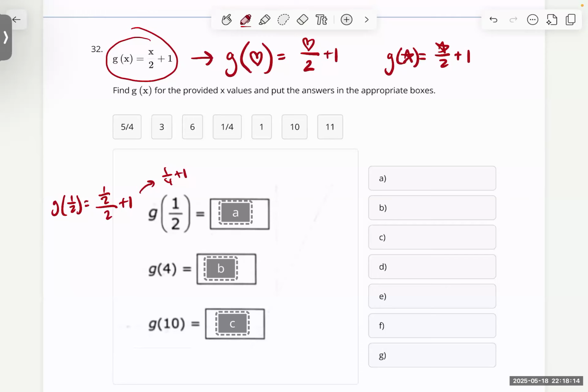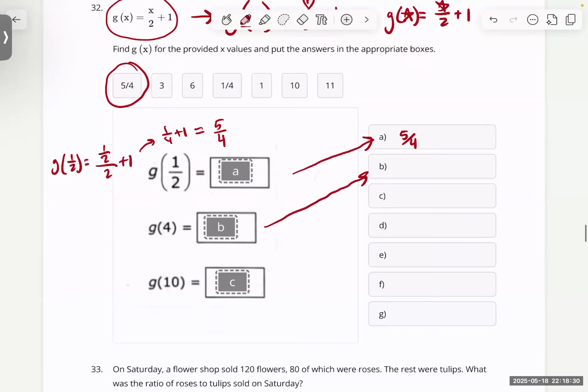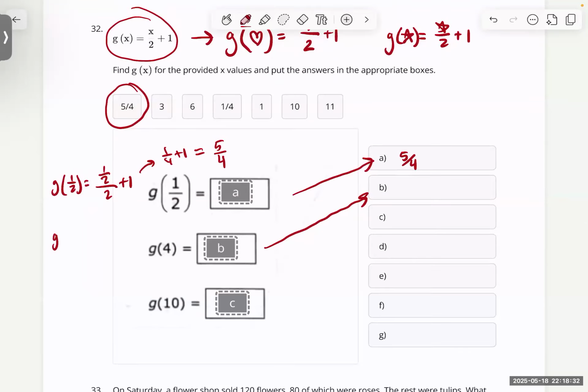Well, a fourth plus 1 is 5 over 4. Do it in your calculator if you have to. 5/4. Cool. That's for A. Let's find B. g of 4 is equal to, again, we're plugging in 4 for x, 4 over 2 plus 1. Well, 4 over 2 is 4 divided by 2, which is 2, plus 1, which is 3.